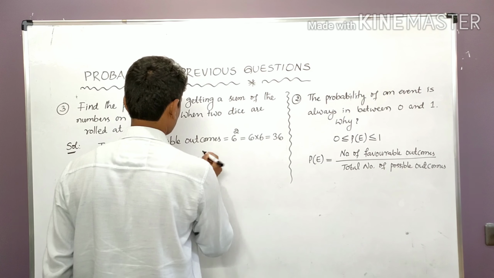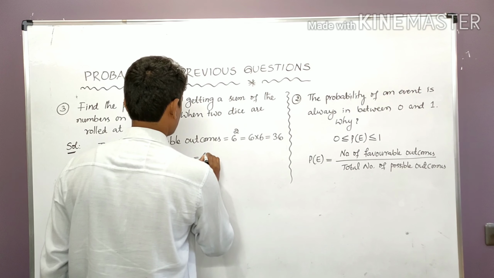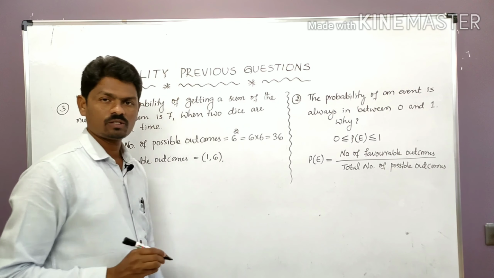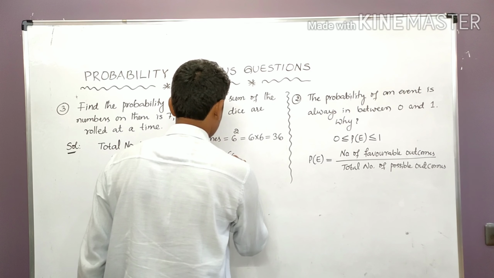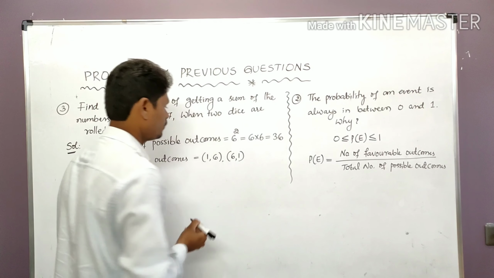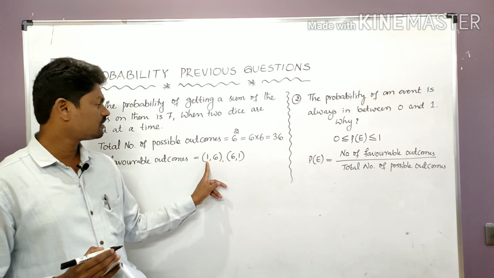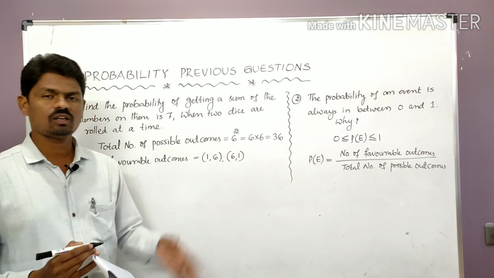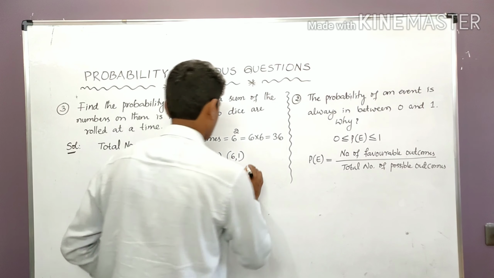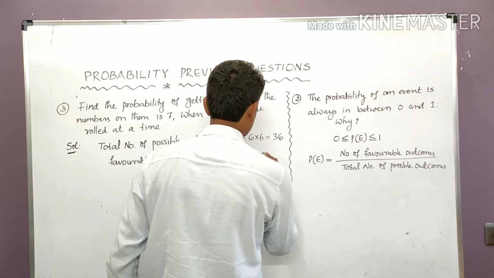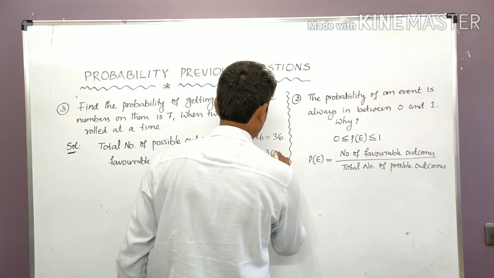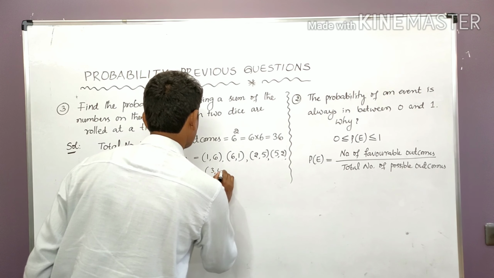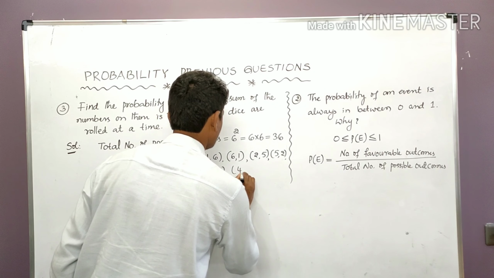Either first one is 1 and the second one is 6, 1 comma 6 and 6 comma 1 also. 1 plus 6 is 7, 6 plus 1 is also 7. So next 2 comma 5 and the same way 5 comma 2. In the same way 3 comma 4 and 4 comma 3.